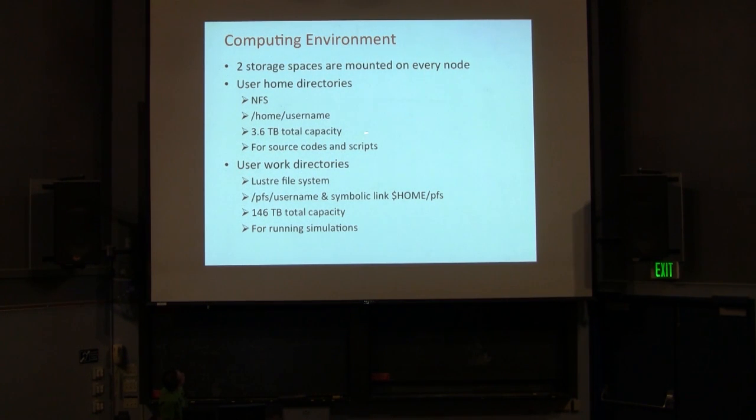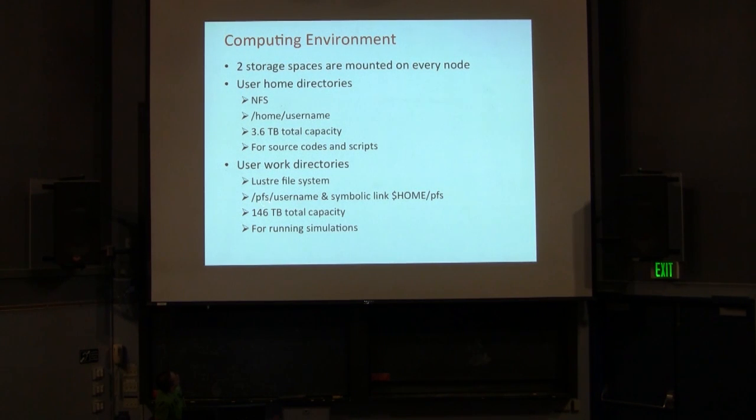This directory is only intended for storing your source code and configuration files. You should not run any simulation from that directory. For your simulations, you should run from our user work directory, which is based on the Lustre file system. Lustre is a parallel file system, almost universally used at every supercomputing center.